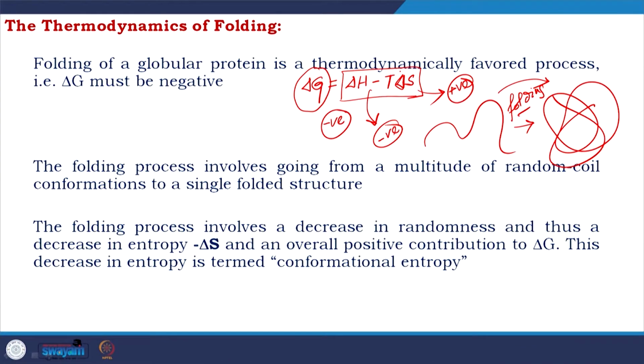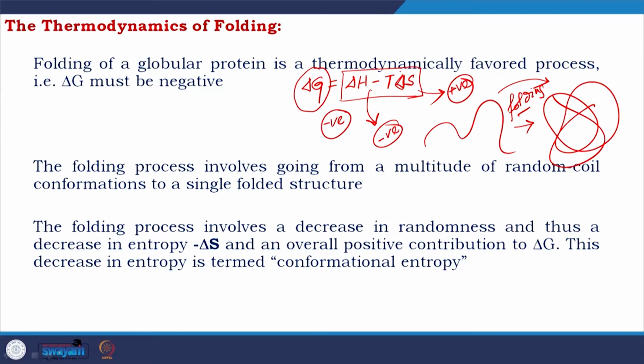Coming back to protein folding, the folding process involves a decrease in randomness, because there is a coil and it does not know the particular positioning. Now, when it is folded, it gets a particular fold. So, it is not that random; the entropy is decreased, the whole audience is becoming calmer here.